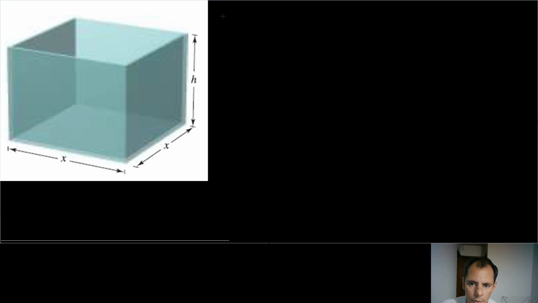So we're going to see here, what is the volume? The volume is going to be the area of the base, which is x squared, because the base is a square. It looks like a rectangle here, but it's not. So the area of the base is x squared times the height. What is the surface area?